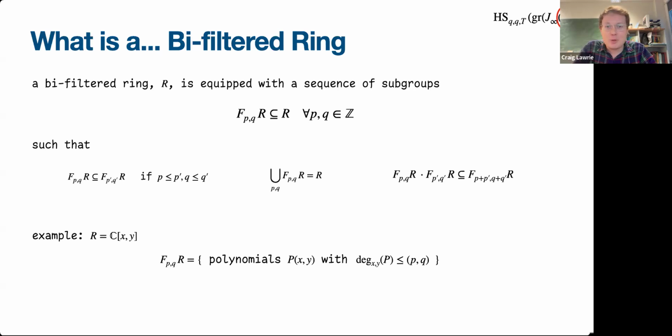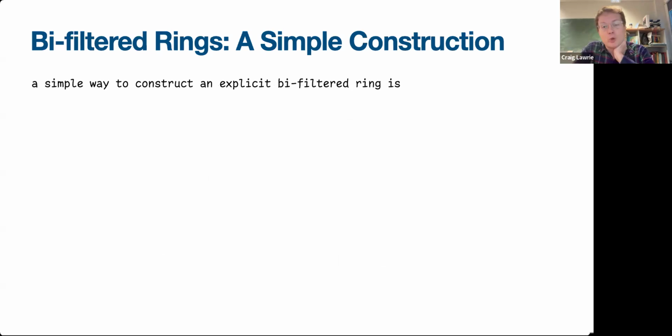In principle, this seems kind of ugly. If I specify a ring for you and you have to write down some subgroups which satisfy all these axioms, maybe you balk, maybe you say that sounds like a tedious technical exercise. Well, there's actually a very simple way to construct bifiltered rings where you more or less don't have to worry about the filtration at all. And this is what we will use extensively.